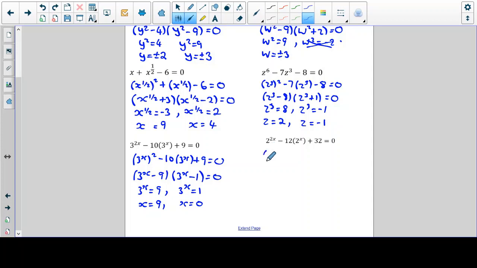This one's similar. 2 to the power of x is a term being squared. Factorise it. That gives me minus 4 and minus 8 in the brackets.